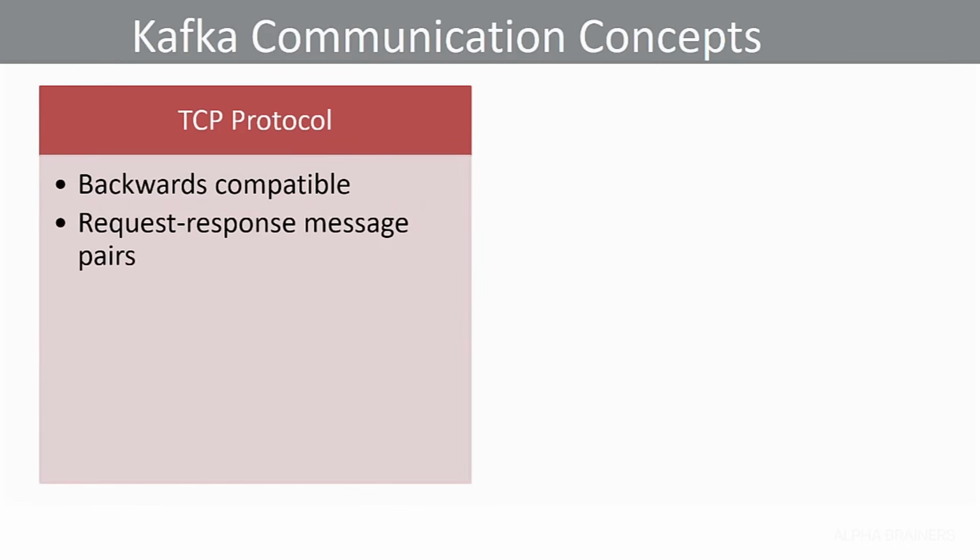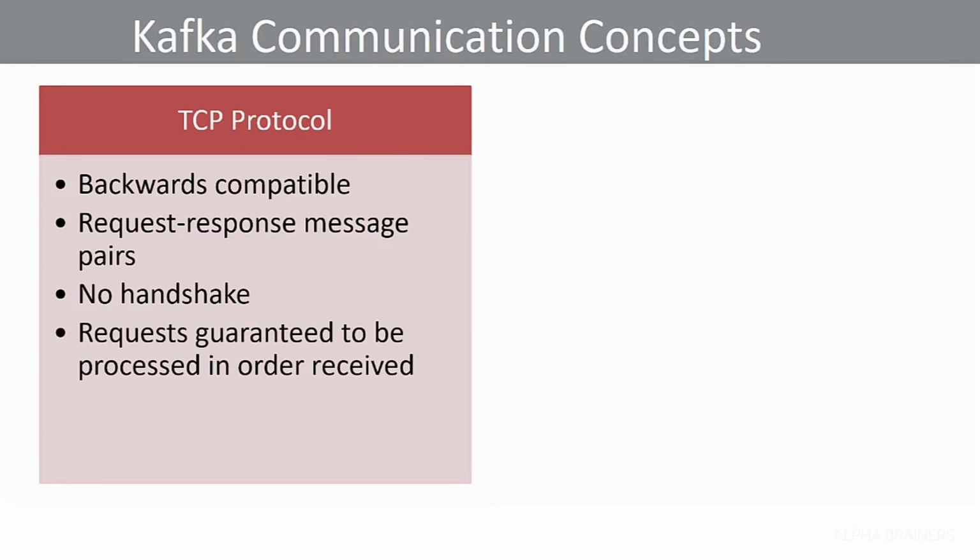It uses a request-response messaging pair. There's no handshake that happens during the communication. And probably the most important thing here is that the requests are guaranteed to be processed in the order they're received. So when a producer sends messages to a broker, the order the producer sends the messages is the order the broker will retrieve the messages and store them.